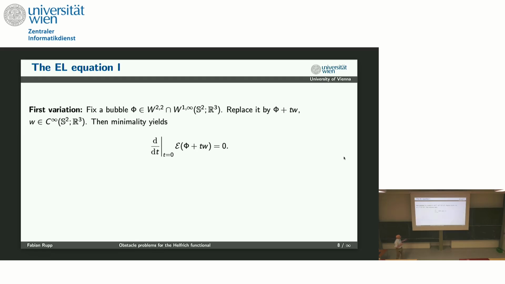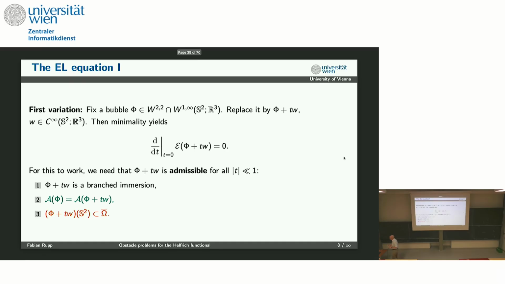If we could vary for any W in, say, C infinity, then we would conclude that by minimality, this derivative is 0 for any W, and this would give us the Euler-Lagrange equation. But we need to ensure that any such perturbation is admissible for small t in the sense that we are still a branched immersion, the area is still the same one, and that we remain in the confinement zone.